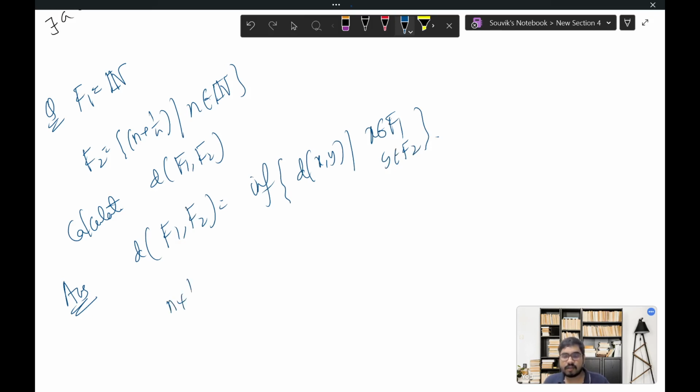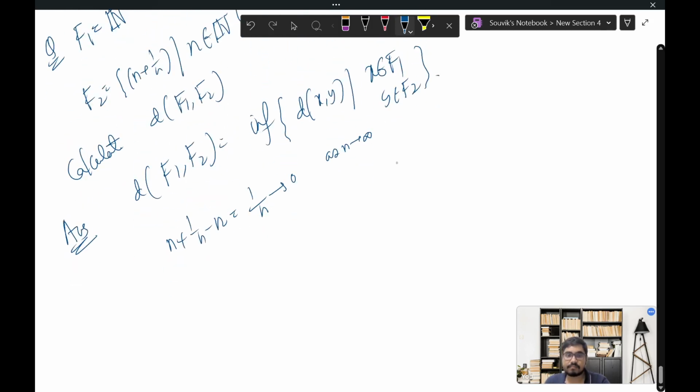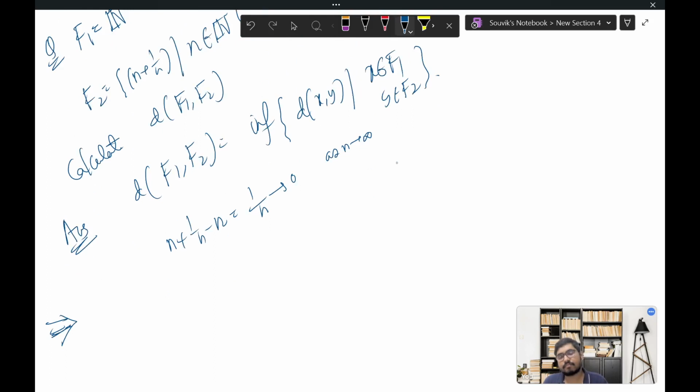So now the point is n plus 1 by n minus n is equal to 1 by n. This goes to 0 as n tends to infinity. So this implies that d(F1, F2) is 0. So we need to realize that the distance actually converges to 0 for a suitably chosen type of element. That's the main technique here.